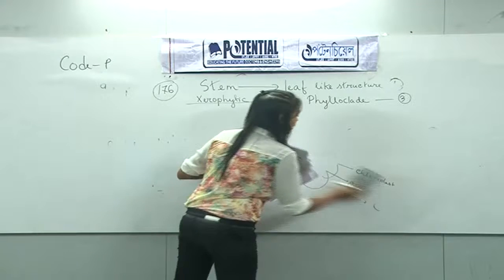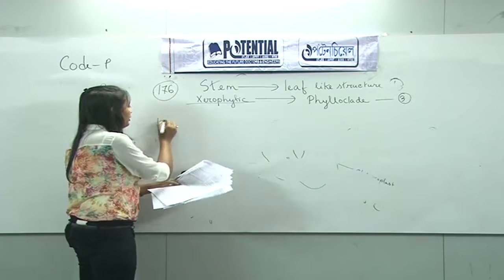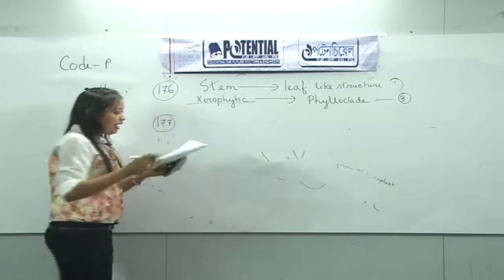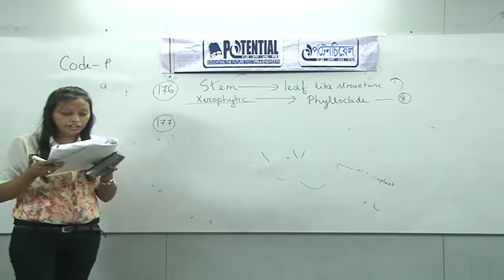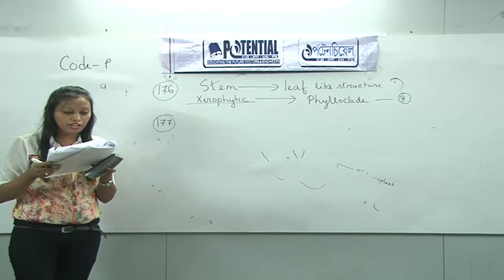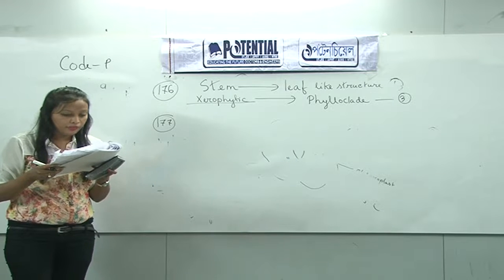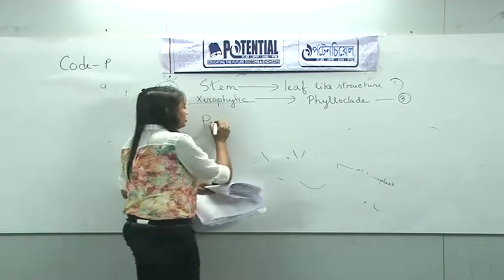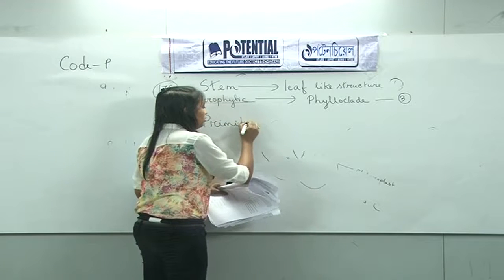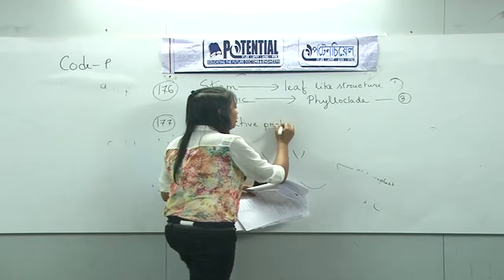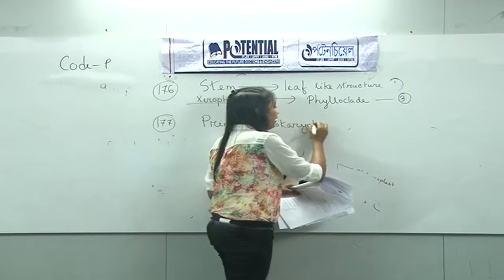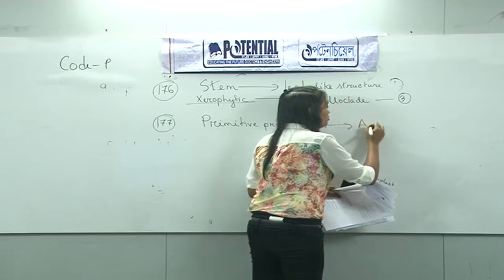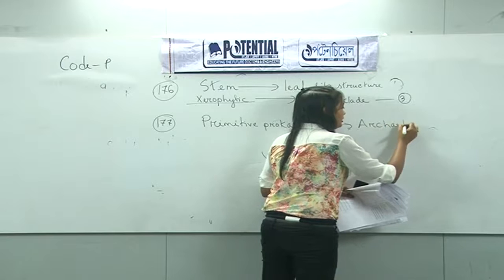The next question is question number 177, and that is: the primitive prokaryotes responsible for the production of biogas from the dung of ruminant animals include the... So primitive prokaryotes, or ancient prokaryotes, means we know that these are telling about archaebacteria.